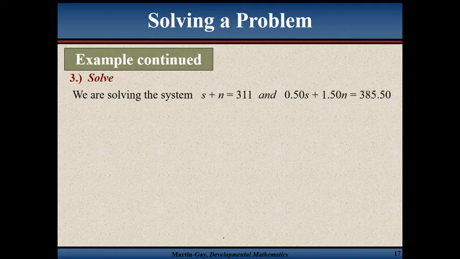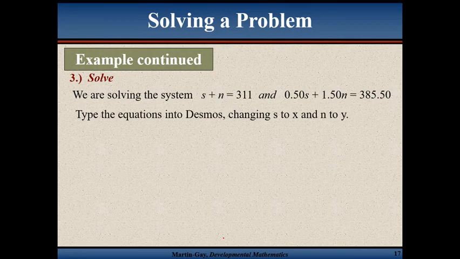Okay, now we have two equations: S plus N equals 311 and 0.50S plus 1.50N equals 385.50. Now, in order to type these into Desmos, we're going to have to change the S to X and the N to Y, okay? And when you do that, you will find the intersection point.